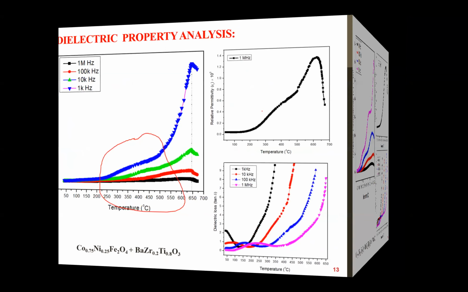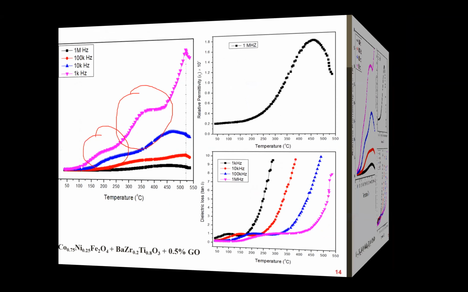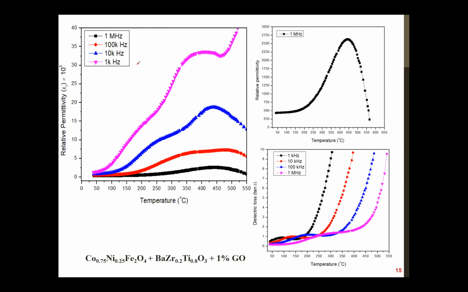The dielectric constant increases, whereas the dielectric Curie temperature decreases to around 520, and the diffuseness of our dielectric transition and the relaxor properties of our material increase. Similarly with 1% graphene oxide, the diffuseness and the relaxor property of our material increase, whereas the dielectric constant and the Curie temperature decrease gradually.